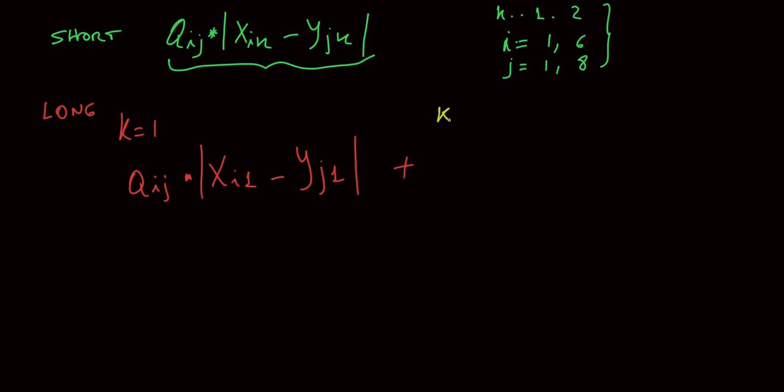So here we will use this yellow color. For k equal to 2, you have the term a_ij times x_i2 minus y_j2. Do you see?